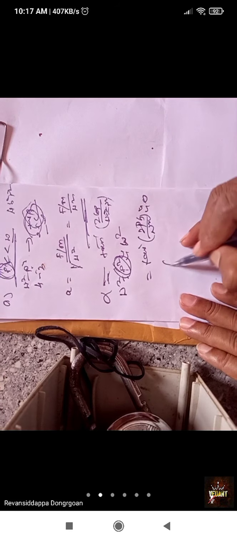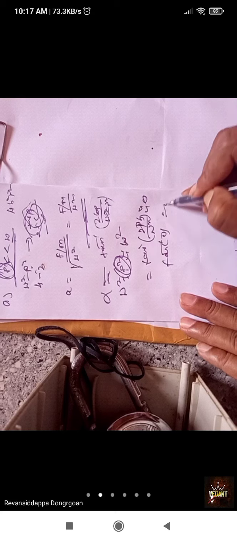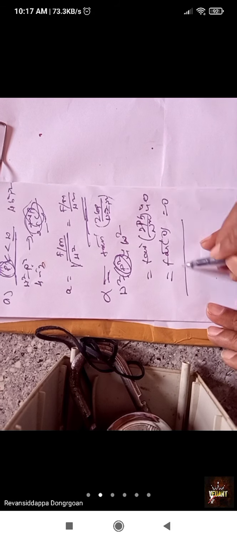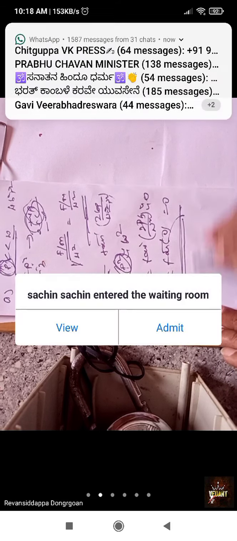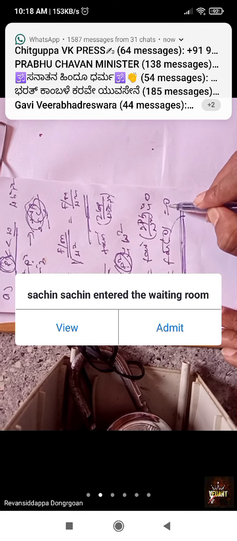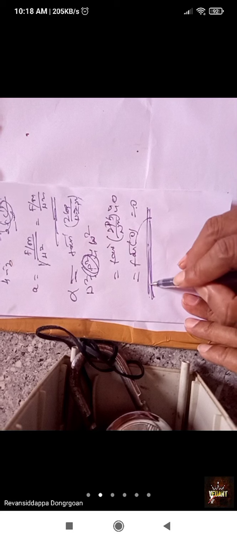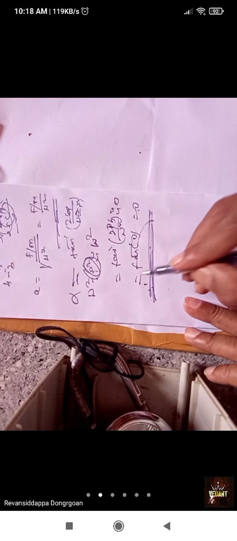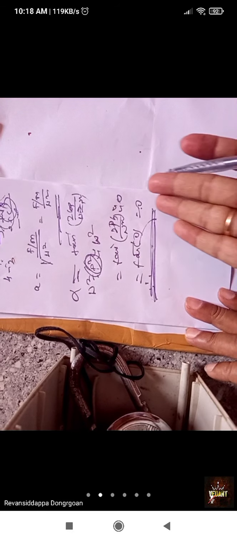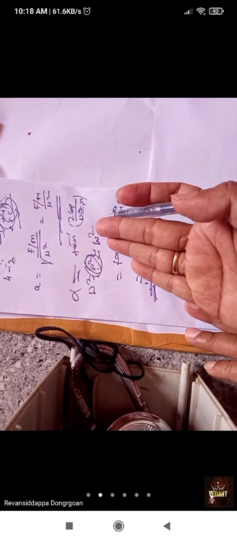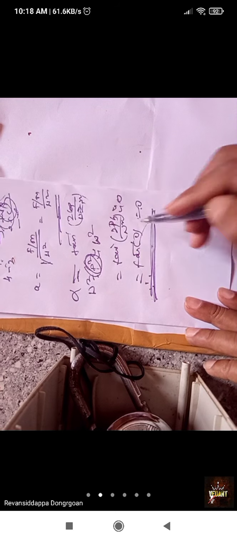Tan inverse of 0 is nothing but 0. Therefore the displacement and the force are along the same line, on the same path, and there is no angle between these two. So this is the first case.